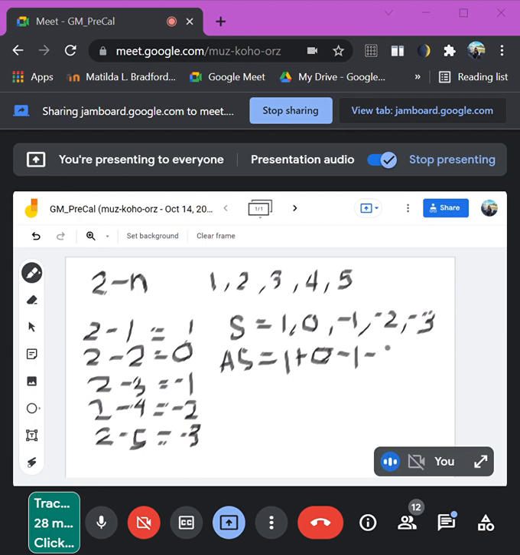This is minus 2. And then this one is minus 3. Okay, so what is the result of our associated series, class, if we do the math? 1 plus 0 minus 1 minus 2 minus 3. What is the result?